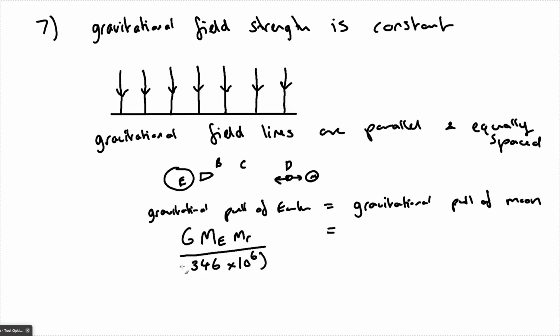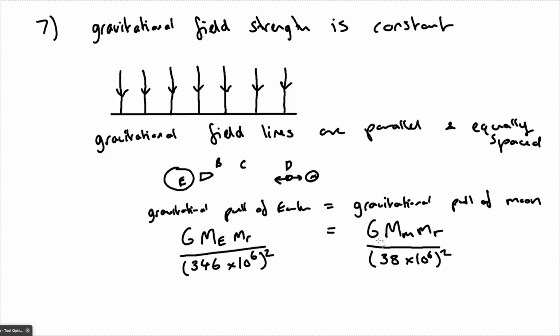Of course that's squared. If we look at the moon here, the gravitational pull of the moon is going to be big G times the mass of the moon times the mass of the rocket, and the distance from point D to the centre of the moon, we're told that's 38 times 10 to the 3 kilometres, so 38 times 10 to the 6 metres, and again don't forget that that is squared.